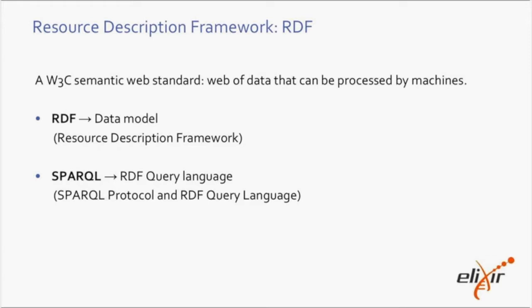So you could say that a lot of the work here is about making our data resources more FAIR in terms of metabolic network construction. So RDF is a data model, and I'll also talk about SPARQL, which is a query language to ask questions of that data model. Okay.